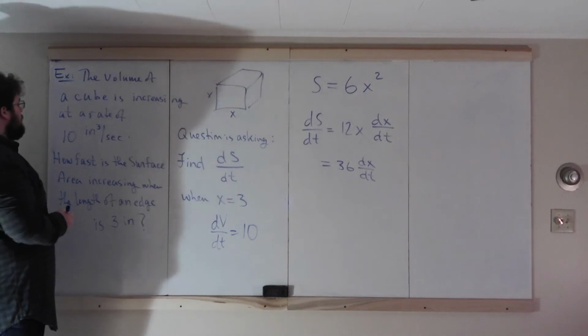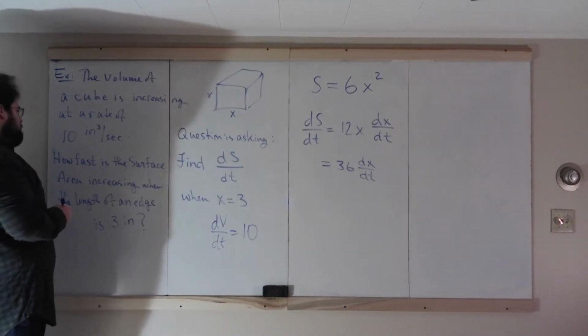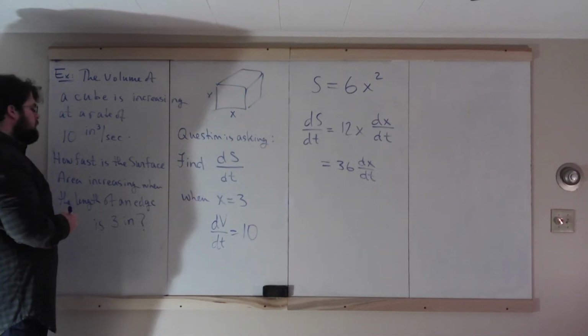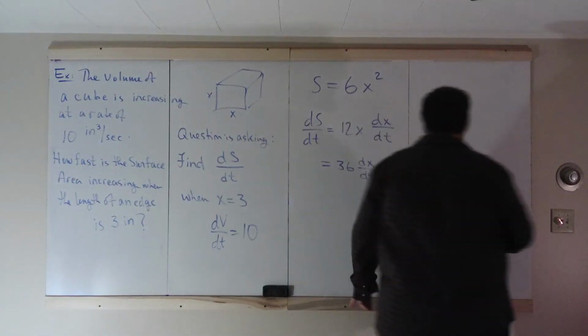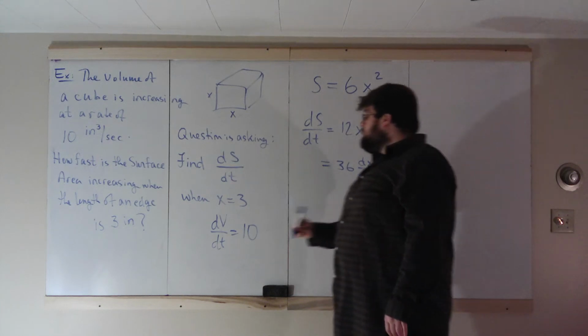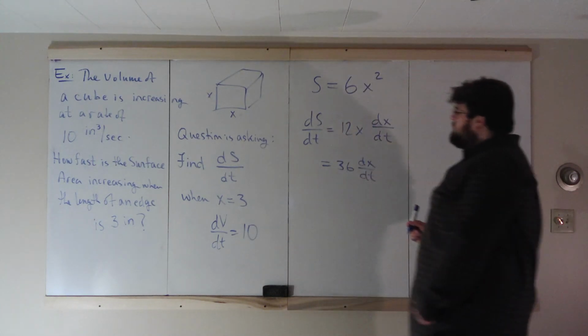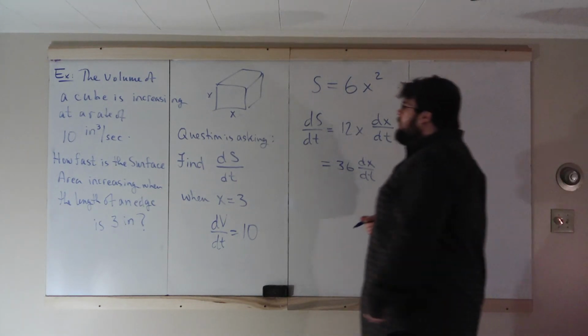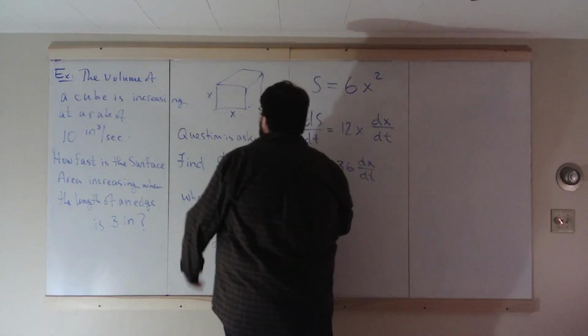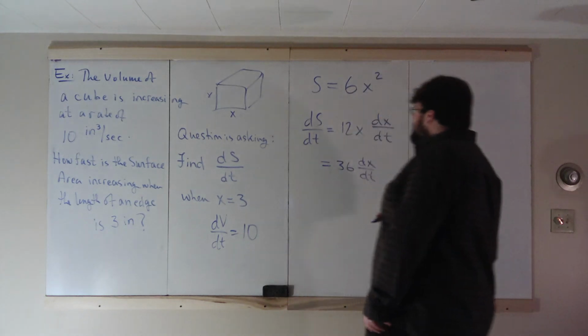Are we given anything about how the side length is changing? Well, no. But we are given information on how the volume is changing. And we haven't used anything with the volume. Can we use information about how the volume is changing to find how the side length is changing?